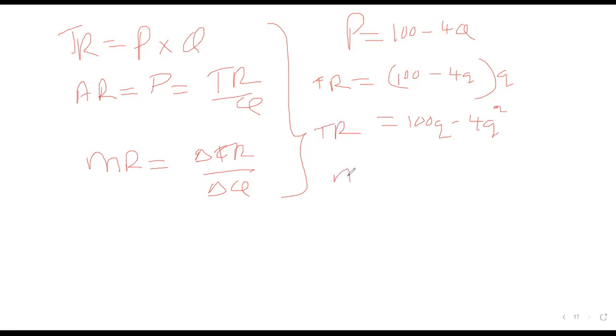Our average revenue is simply the price. It's the same if you don't want to think too much. Our price is 100 minus 4Q. If you want to show your working, you divide the total revenue, 100Q minus 4Q squared, by quantity.